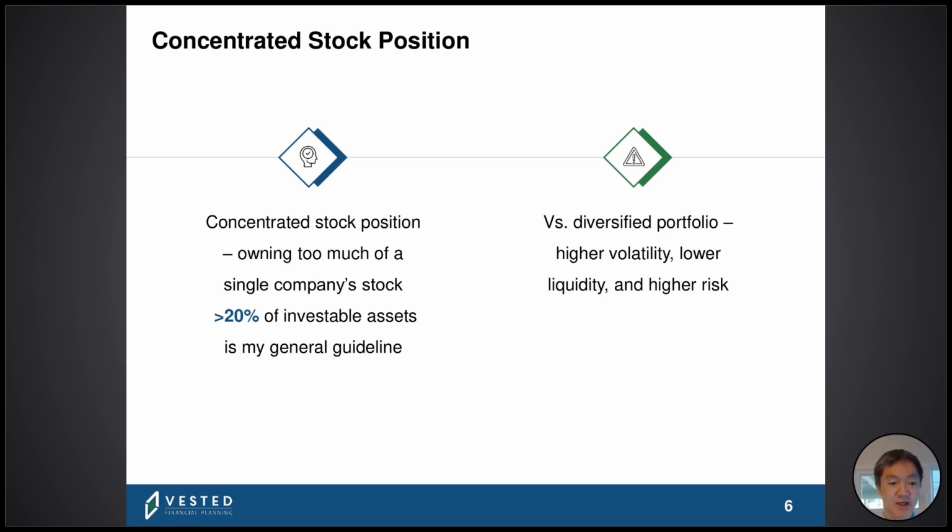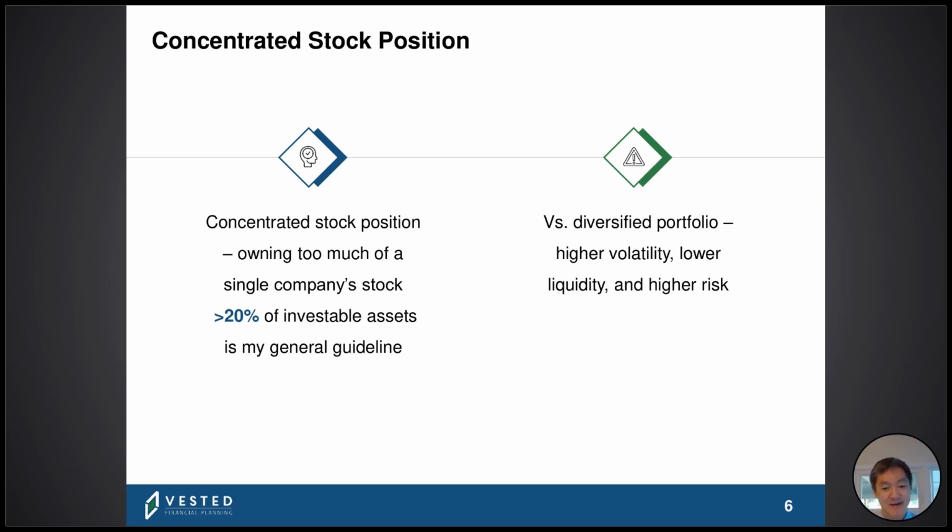Question is, how much is too much? In general, for my clients, I say if more than 20% of your investable assets is in a single company stock, then you should consider diversifying, okay? That's just because you get a ton more volatility and risk versus a diversified portfolio.